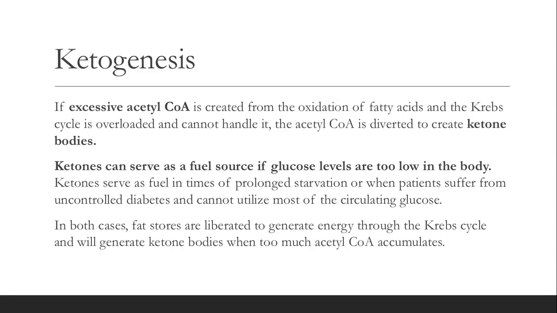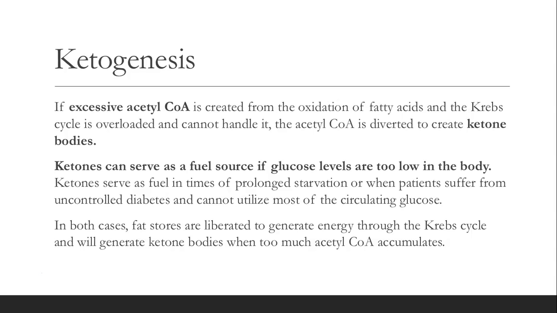Okay, let's talk about ketogenesis. If you have excessive acetyl coenzyme A, which would be created from the oxidation of fatty acids, and you're just bringing in a lot of material into your diet, the Krebs cycle could get overloaded and not be able to handle it. And so then the acetyl coenzyme A gets diverted to create what are known as ketone bodies or ketones.